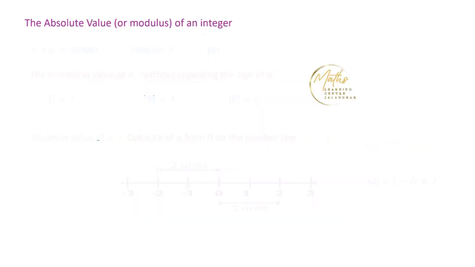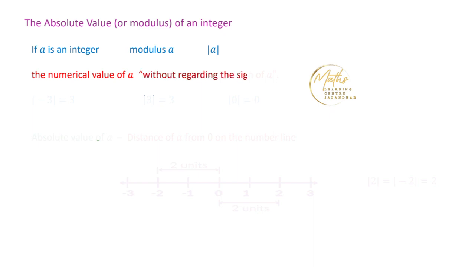Now the next term we have is the absolute value or modulus of an integer. If a is any integer, then the modulus of a is denoted by this symbol. This is the symbol for modulus or absolute value of a, and it is defined as the numerical value of a. Numerical value means that we are writing the value of a without regarding the sign of a.